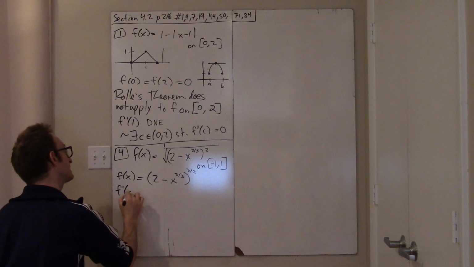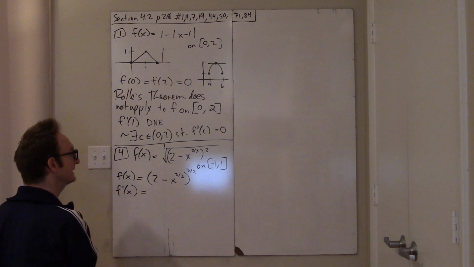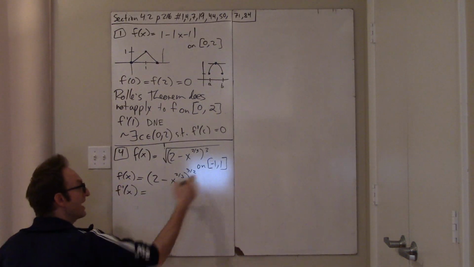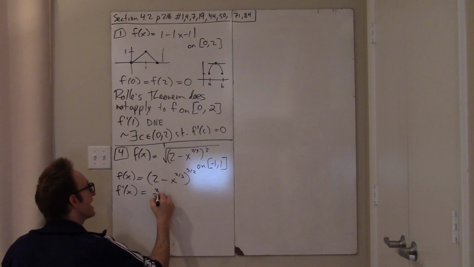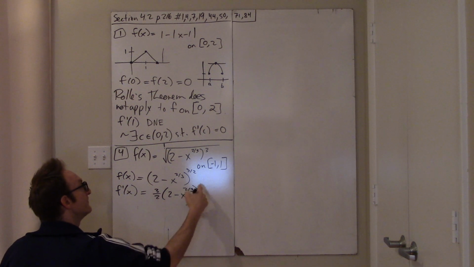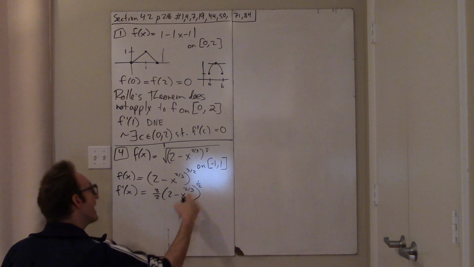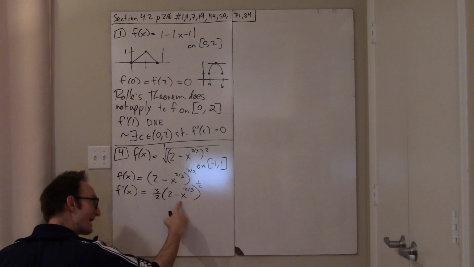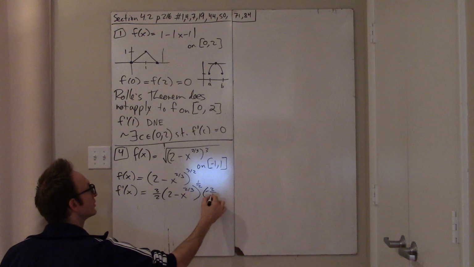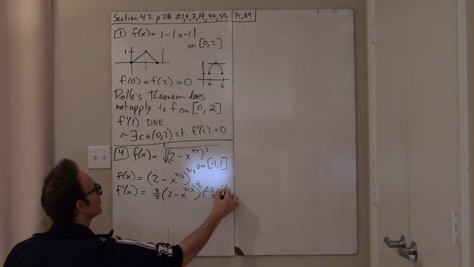If you just take the derivative of this function kind of blindly using the chain rule, then we see that the answer is 3/2, 2 minus x to the 2/3 to the 1/2, times the derivative of 2 minus x to the 2/3, which is negative 2/3 x to the negative 1/3.